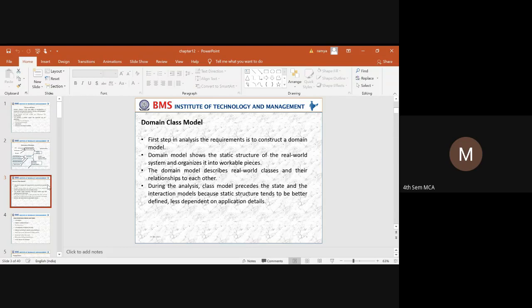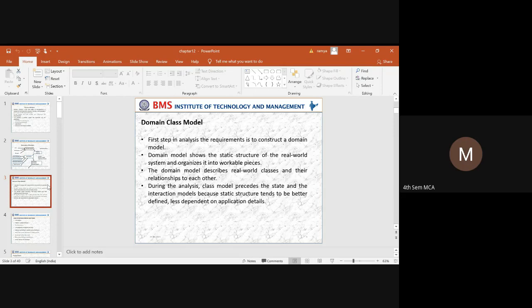To analyze the class model, we take different classes, develop all these structures, and create a relationship between each and every class, which gives you the complete system or complete domain model.